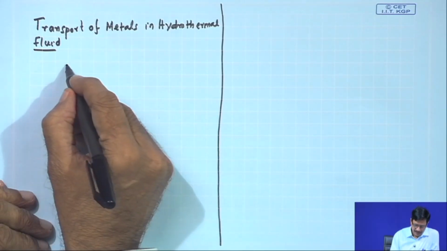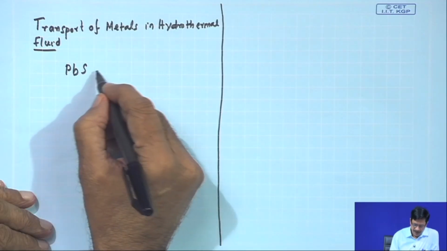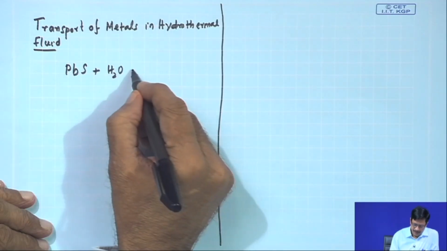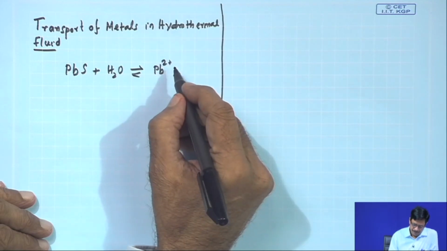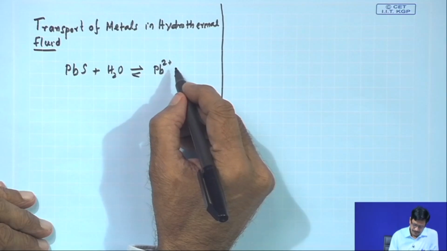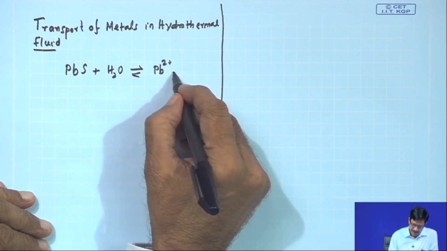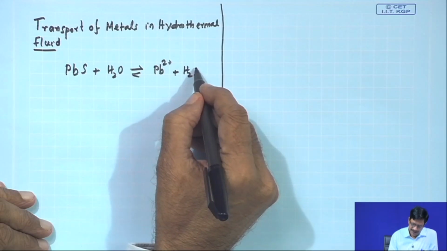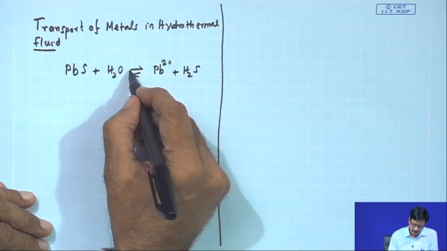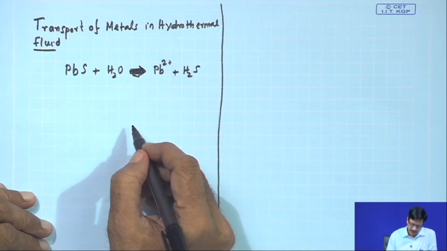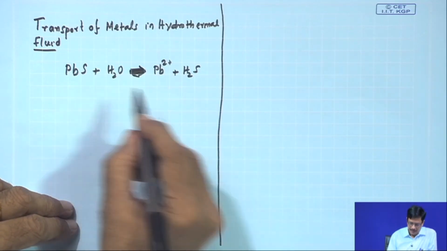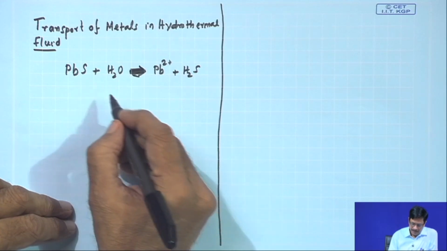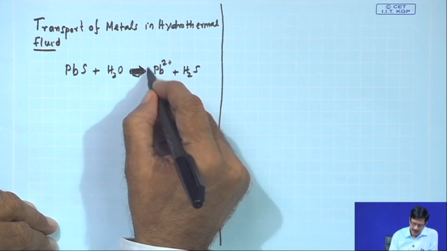We can write a reaction: PbS plus water gives Pb2+ plus H2S. In such a situation, we can always quantify the concentration of the metal, for example lead.